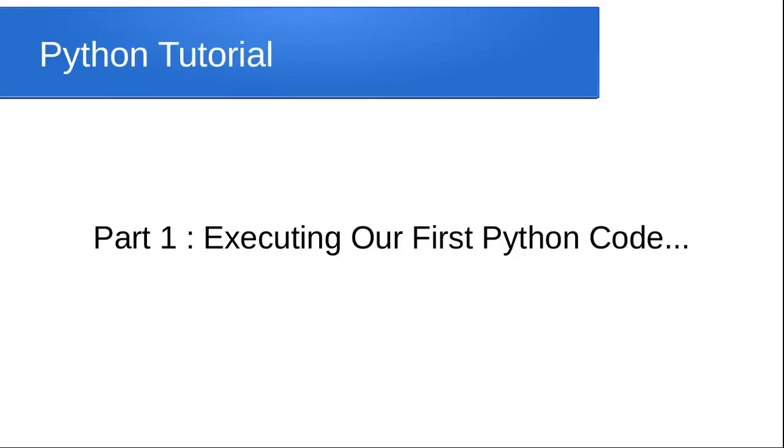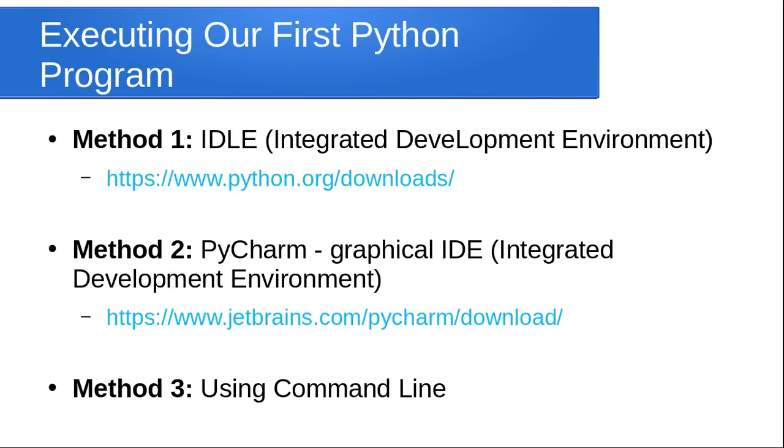So in this tutorial we are going to discuss how to execute our Python code in different methods. These are the three methods I am going to explain in this lesson. Method 1, simple IDLE.